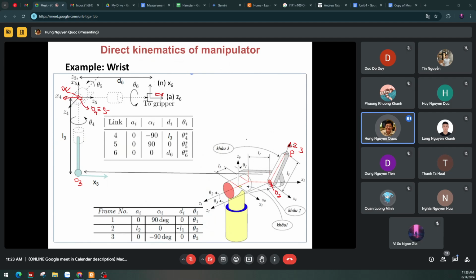Z5 is the rotation about this axis. Z5 here, Z4 here, then X5 is perpendicular to this one, so X5 in this direction. And finally, from here you will put the gripper. For the gripper, Z6 is always in this direction, and X6, as I mentioned, is the normal.